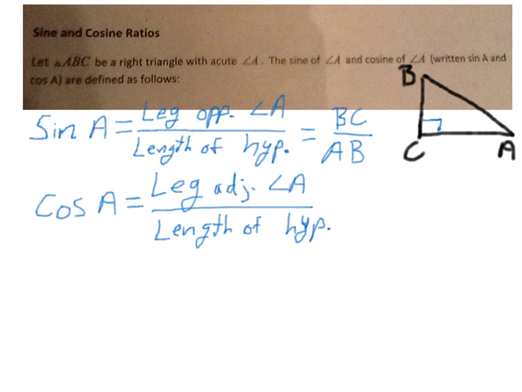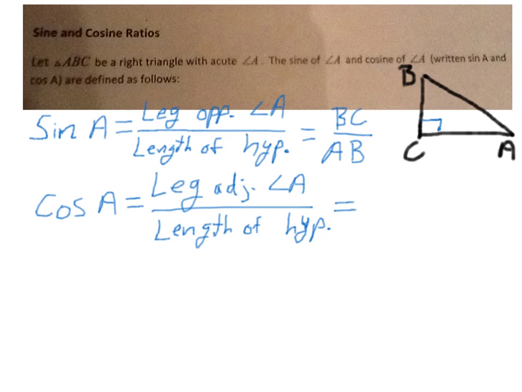So once again, I look over here and I say, all right, here's angle A, right here. The leg adjacent to it is AC. Okay, so once again, I look at angle A, and I've only got two sides of the angle. I've got AB, that's the hypotenuse, so that could not be the leg adjacent. AC is the only other leg that's touching angle A, so AC must be the leg adjacent.